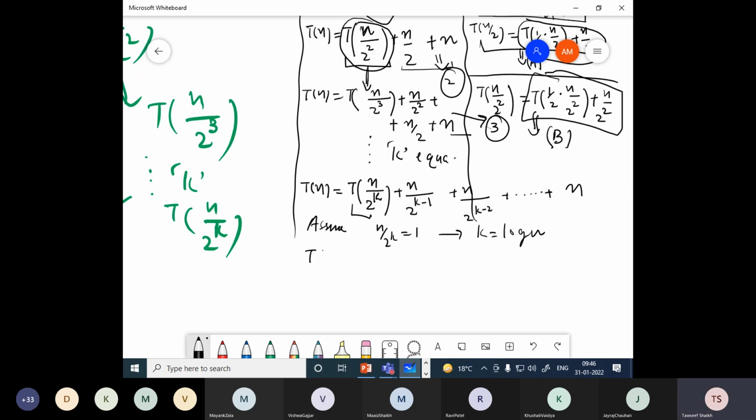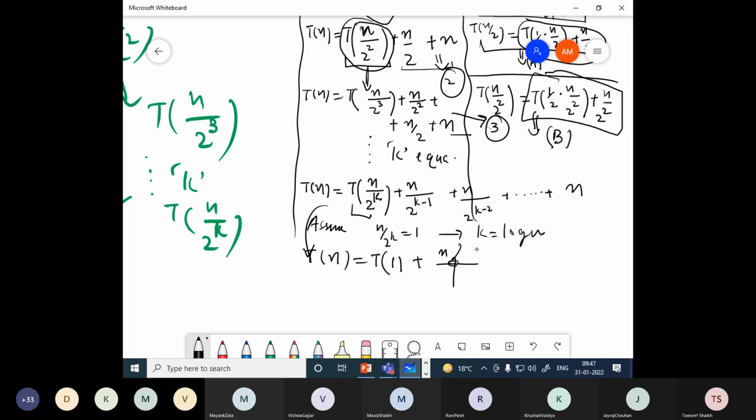So this equation will become T of n equal to T of 1 plus n divided by, again we will take n common here.